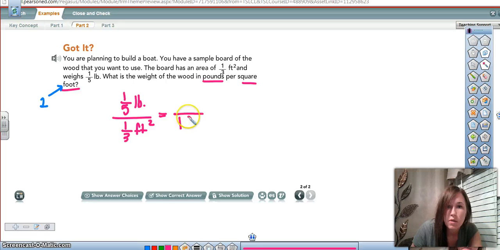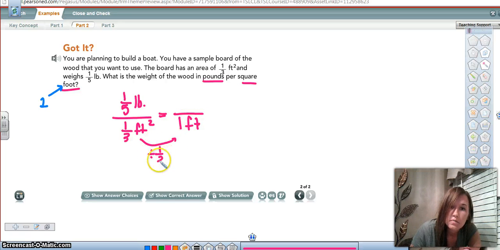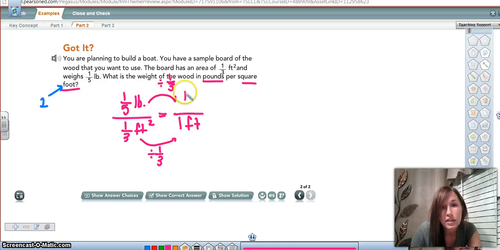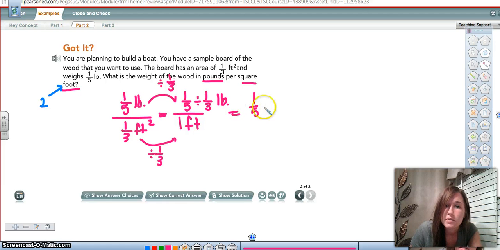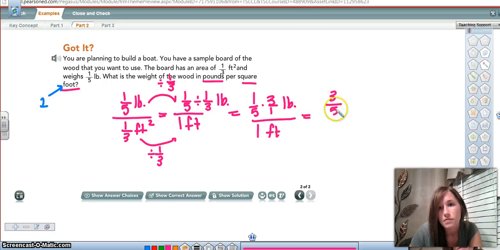So to get this to be 1 foot, we could divide by 1/3. Divide by 1/3. Notice that in this case, I'm not doing that rainbow trick, but I can show you how to do it that way as well, because I'm just mixing it up here. When we divide by a fraction, we multiply by the reciprocal. So I get 1 times 3, 5 times 1.